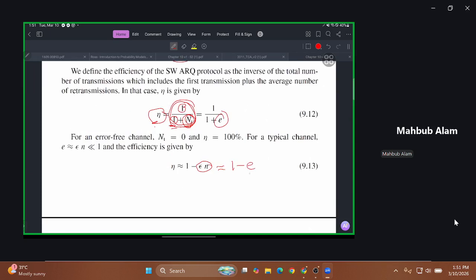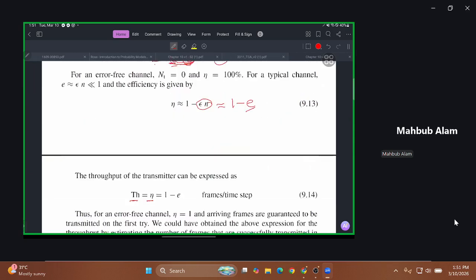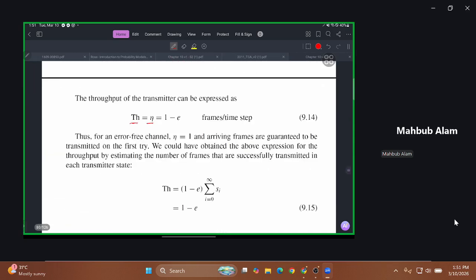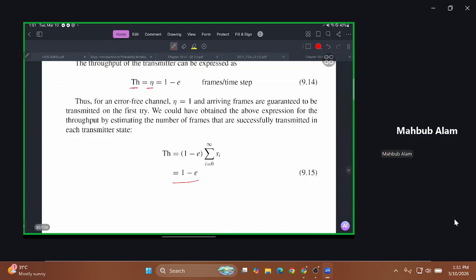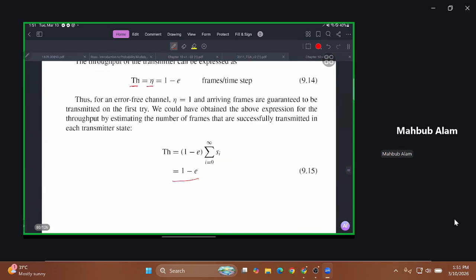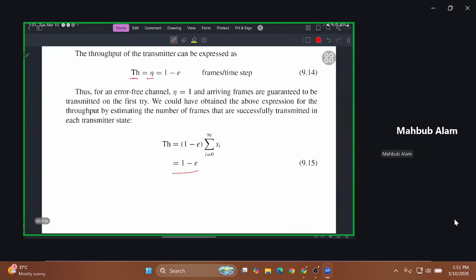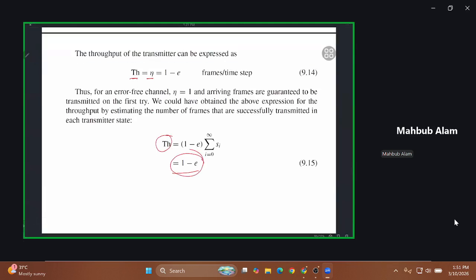So this one is the error. 1 minus E is the fraction of time a frame is successfully sent, and the throughput is this. So in ARQ, we measure the throughput by the probability with which a frame is successfully sent. This is a very simple mechanism.